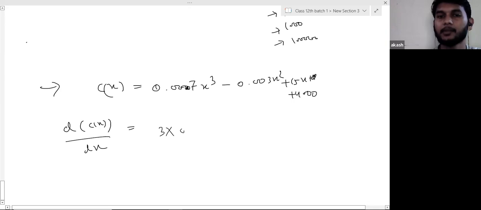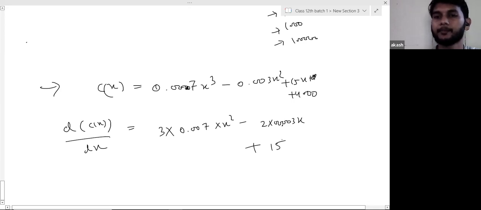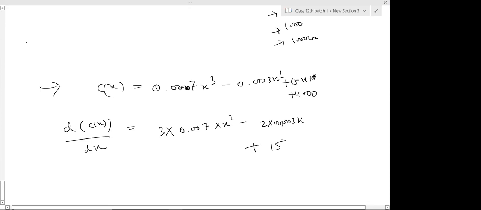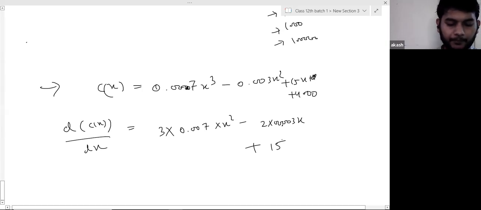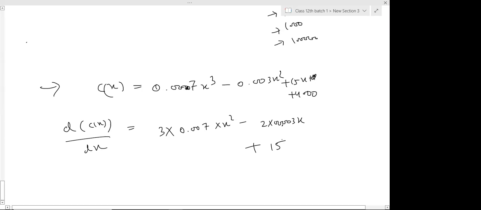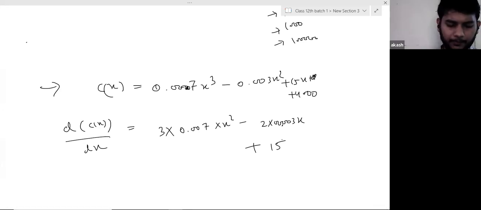Differentiating this, 3 times 0.007 into x square minus 2 times 0.003 x plus 15, right? Yes, sir. Just put the value of x and you'll get the answer. All right, same for the fifth question and seventh question. No need to think a lot.